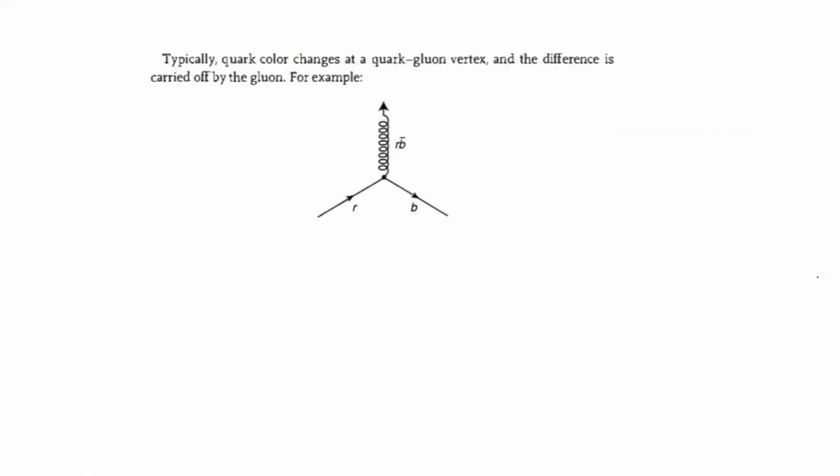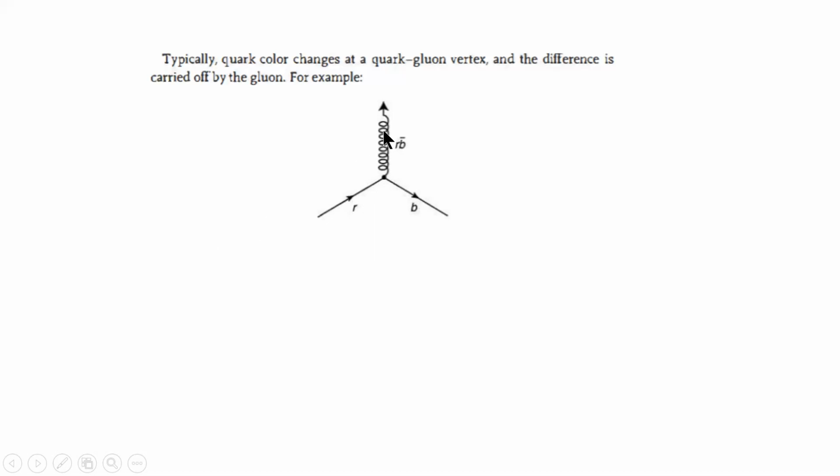Now, so this is the Feynman diagram. So we've already worked with Feynman diagrams, so we know what it is about. So here we have a red colored quark coming in and a blue colored quark going out, and they're interacting by exchange of a gluon. So this is the exchange of a gluon.